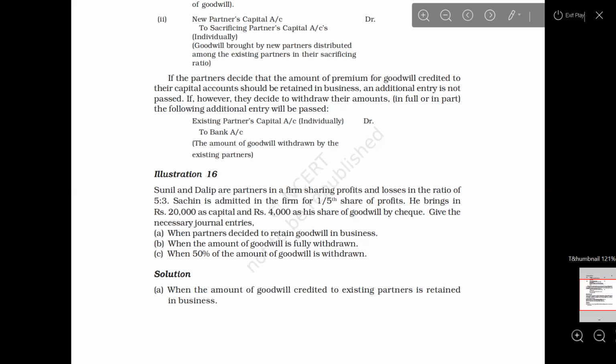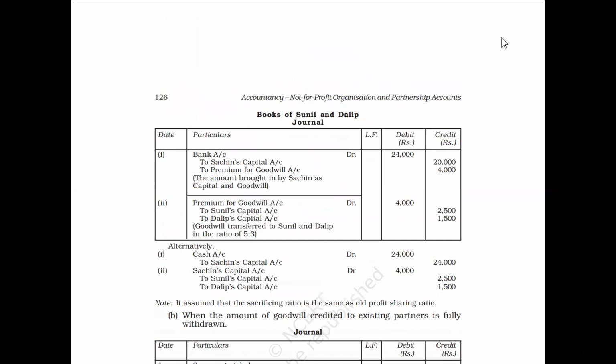Okay. Now we are going to create the journal entry. Case 1, when the amount of goodwill credited to the existing partners is retained in the business. Sachin brings capital and 4,000 for goodwill. For this transaction, what entry will come?